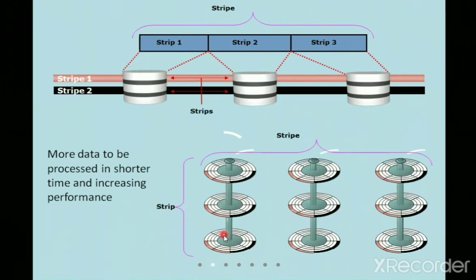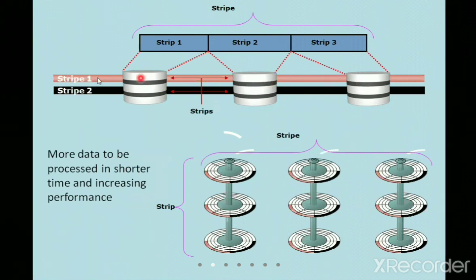Now you can see in these platters you have the sectors and the tracks. This circular one is called the track, and the divided sections you have been seeing are called a sector. Each of these is called a stripe; this is the first stripe. Here the first hard disk, the second drive, and this is the third drive.